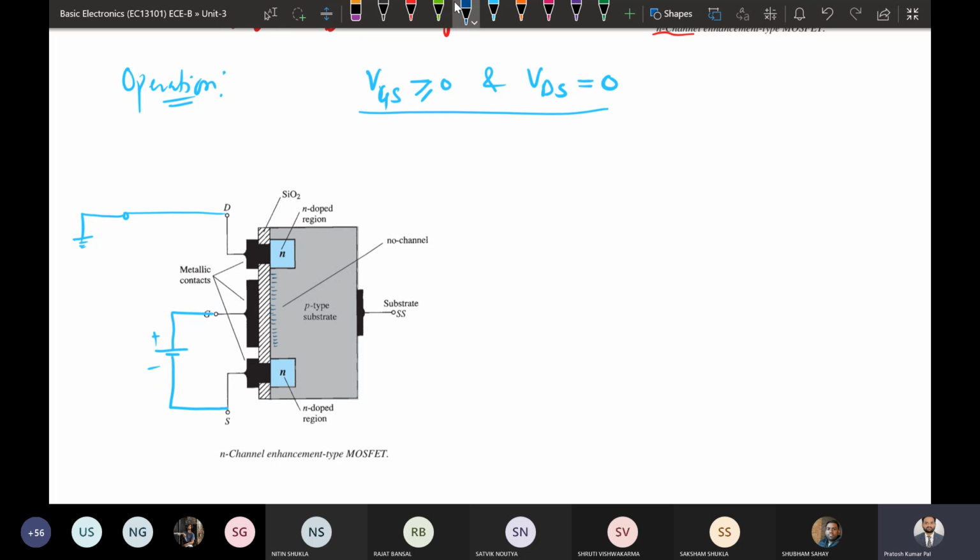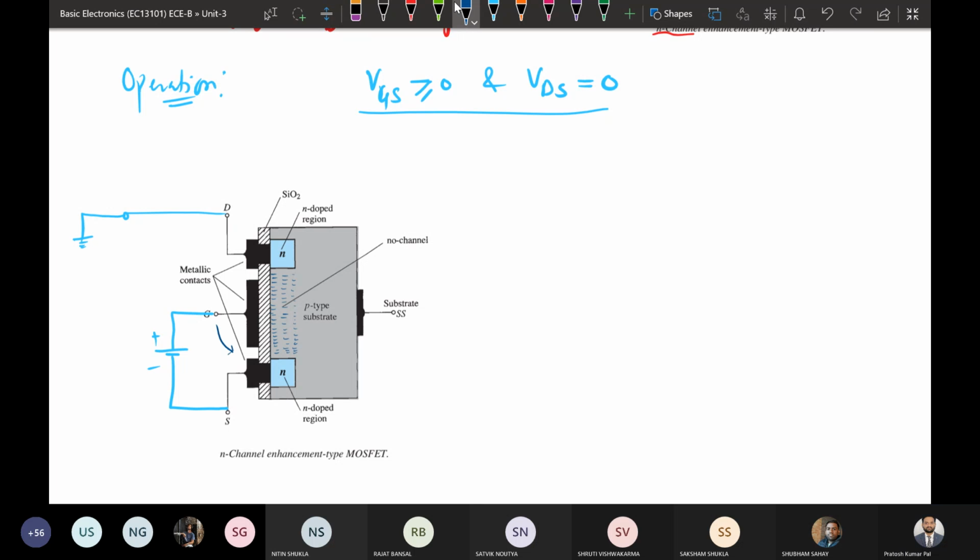As we increase the gate to source voltage further in the positive direction, it will keep increasing the electron accumulation near this SiO2 layer.